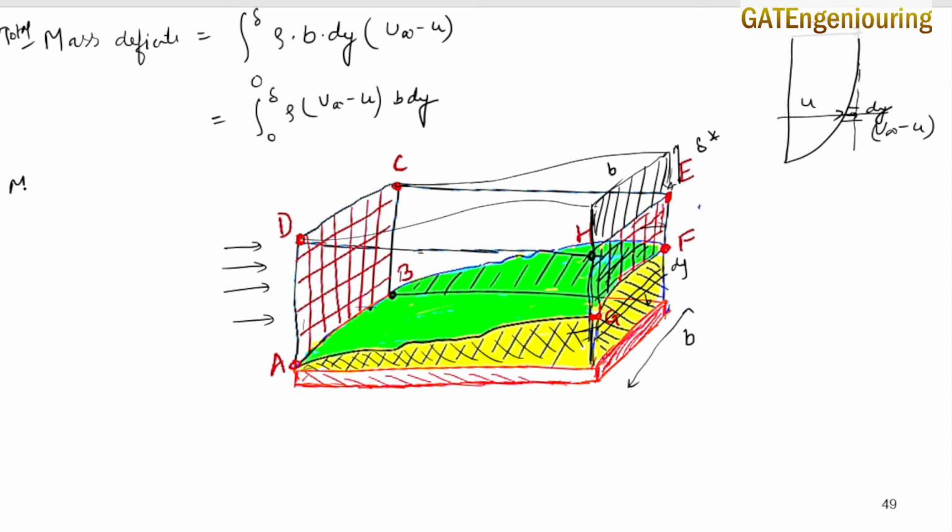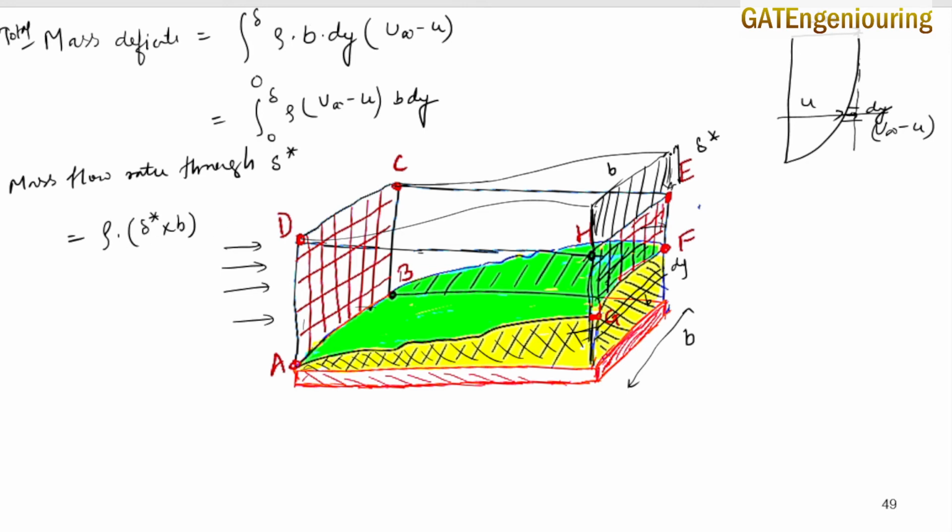That is the mass flow rate through delta star, which is equal to density, which is going to be the same, and area, which is delta star into b. So that is the area, so rho into A.